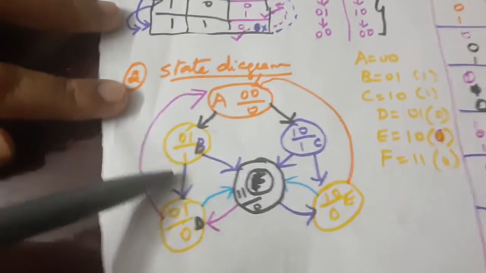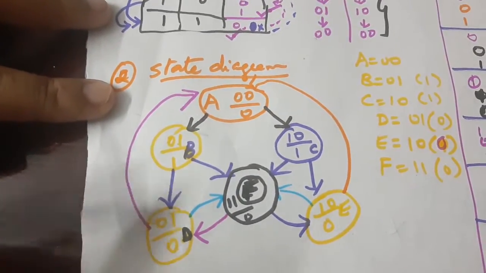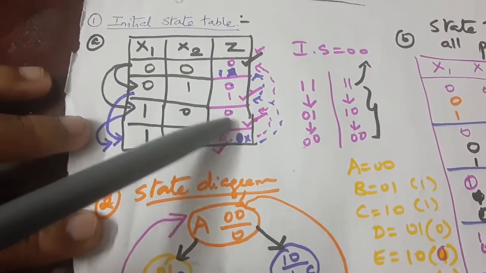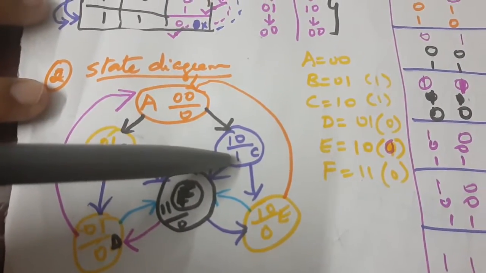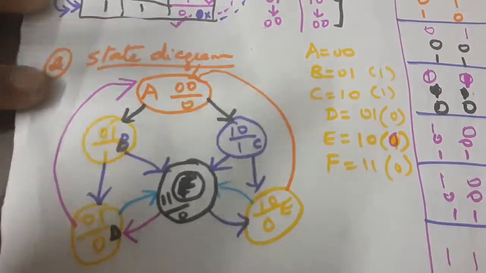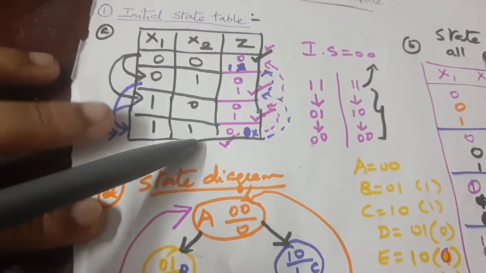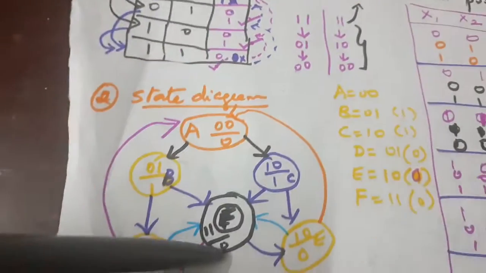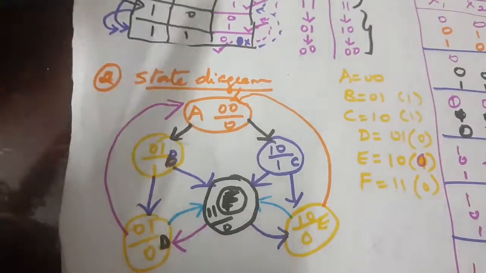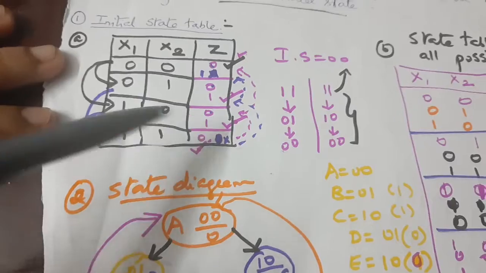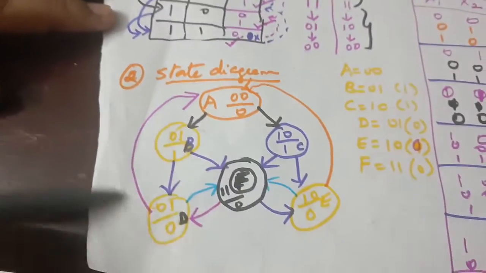Similarly, the 1, 0 state can have either output 0 or output 1. And finally, F is the state 1, 1, represented here as 1, 1, 0. So A, B, C, D, E, F is the representation of the states.